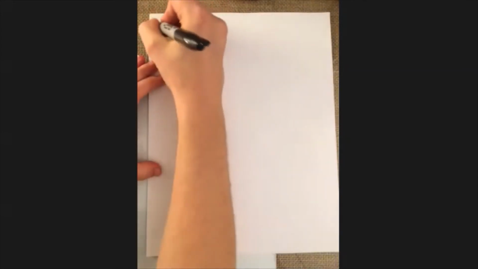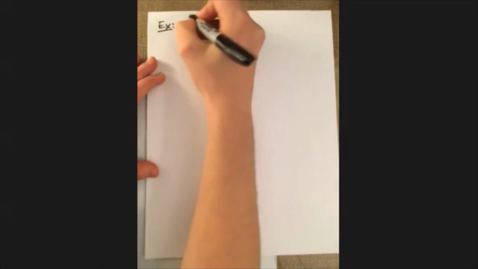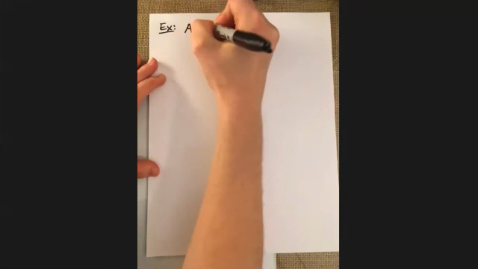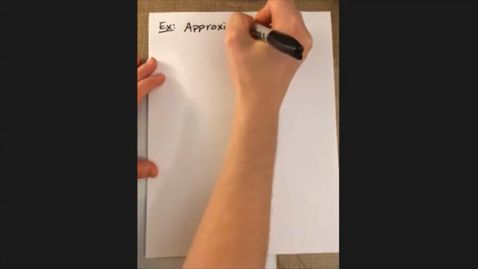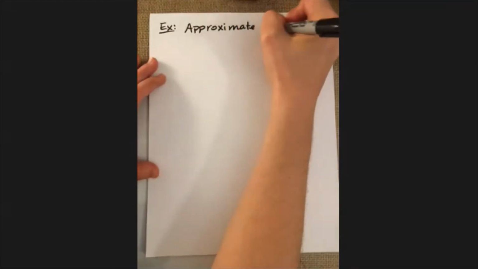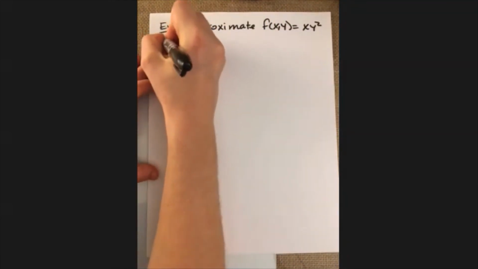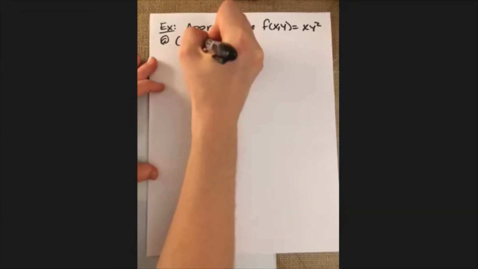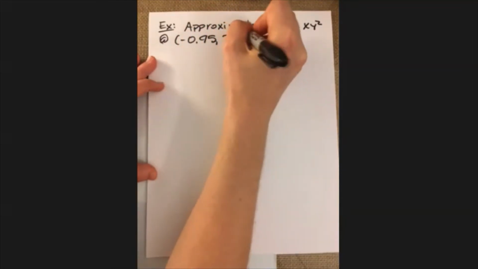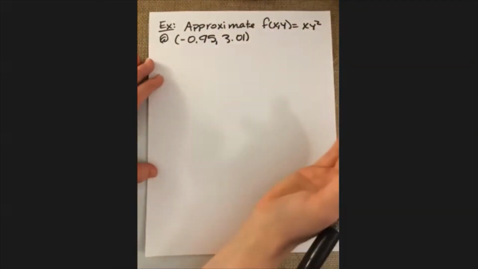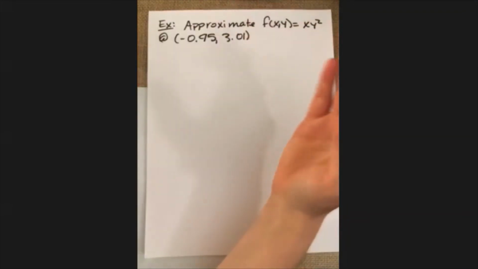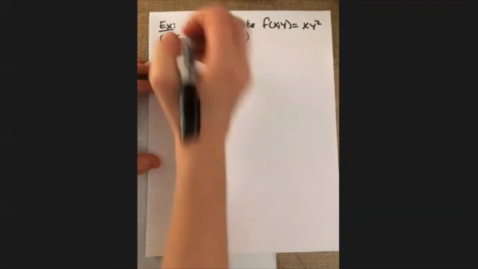Let's work an example. In this example, we're going to approximate f of x, y equals x y squared at the point negative 0.95, 3.01. As always, I like to start out by writing out the equation that we're going to be using.